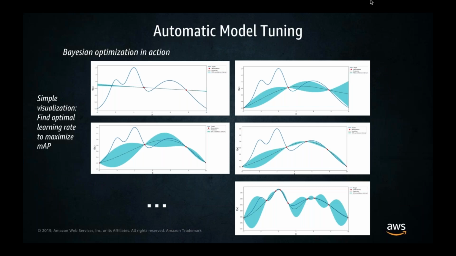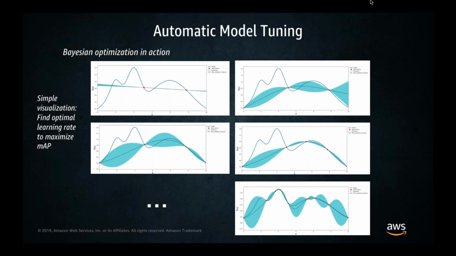Another really helpful tool is SageMaker's ability to automate hyperparameter tuning. SageMaker uses something called Bayesian optimization to search for optimal hyperparameters.